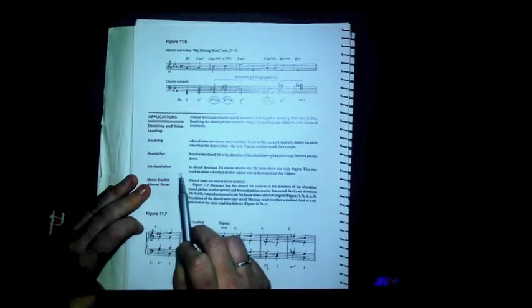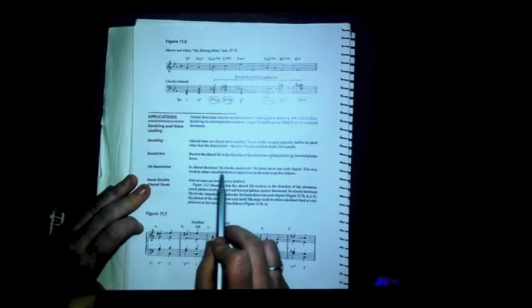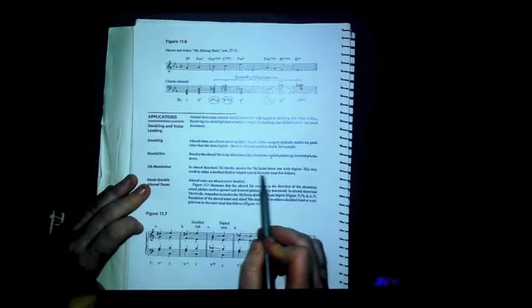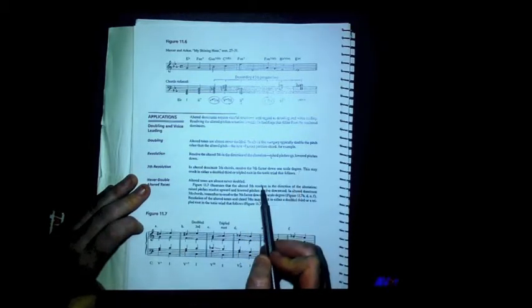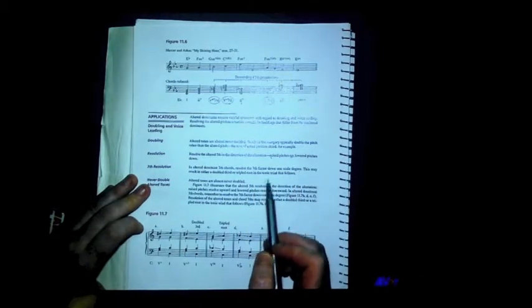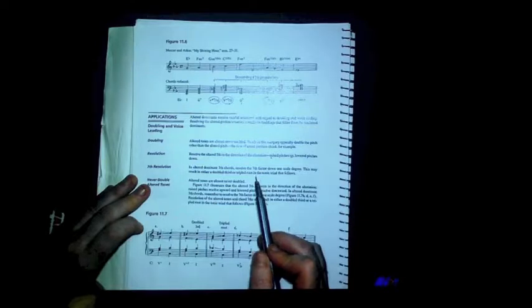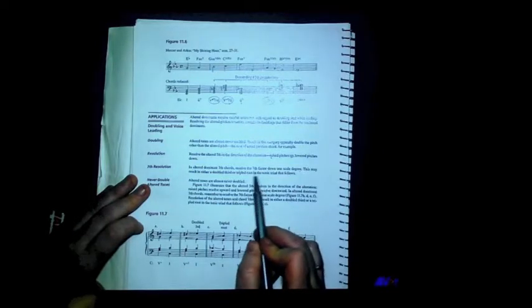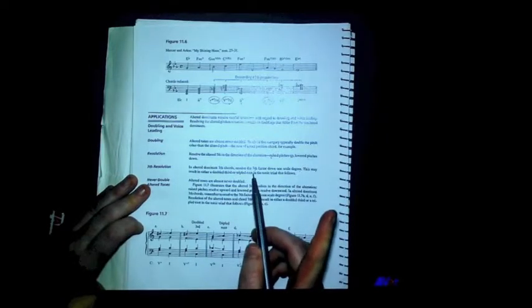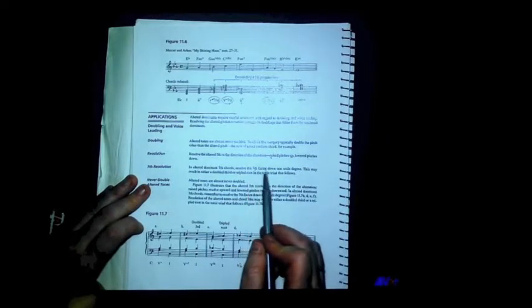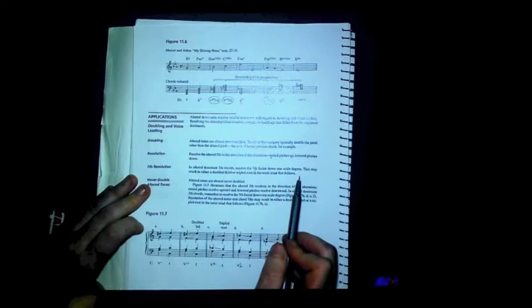The 7th resolution: in altered dominants, the 7th chords resolve the 7th factor down 1 scale degree. So the augmented 7/5, the lowered 7/5 and the lowered 7/5 with lowered 3, they're all going to resolve the 7th, not the 5th, which is the altered note, but the 7th is going to resolve down 1 scale degree.